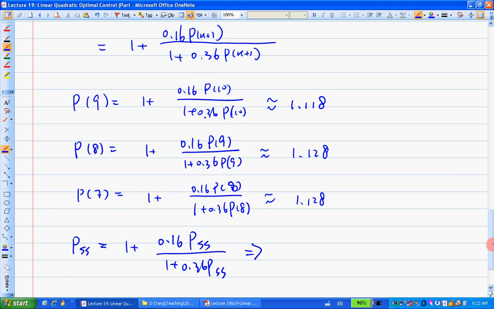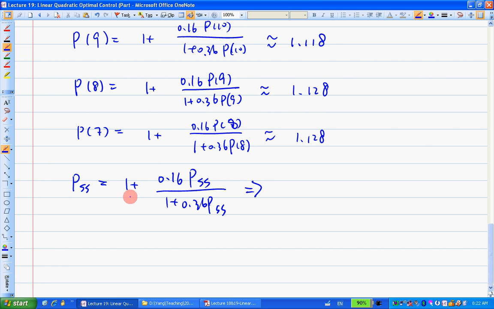So that's a quadratic equation essentially, right? If you simplify this equation, what do we get? Multiply both sides by 1 plus 0.36 PSS, and that gives us PSS plus 0.36 PSS squared equal to 1 plus 0.16 PSS.